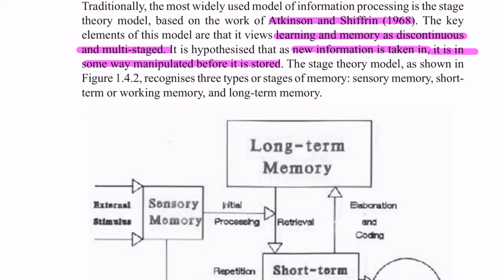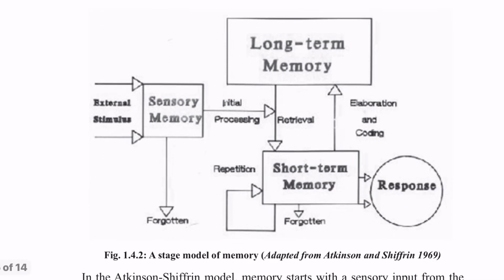They recognize three types of stages of memory: sensory memory, short term memory or working memory, which we have discussed in previous lectures, and long term memory. This is the graphical representation of this model.